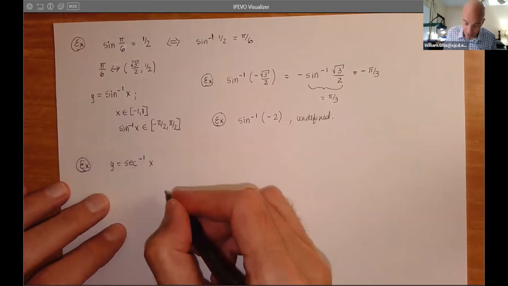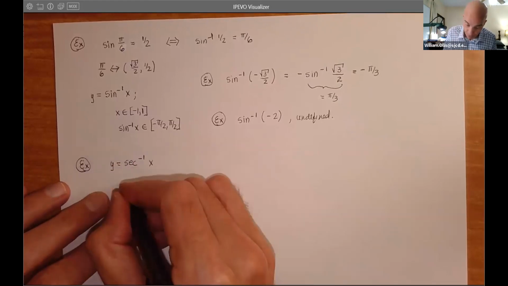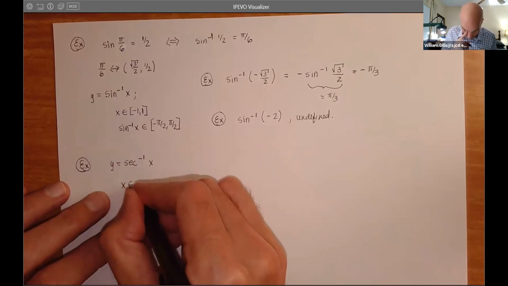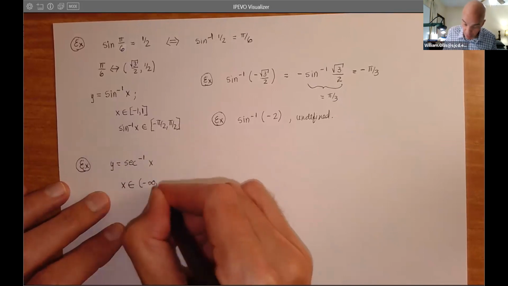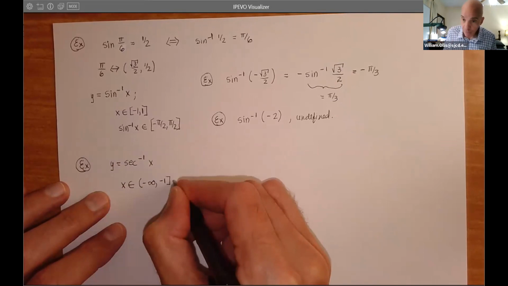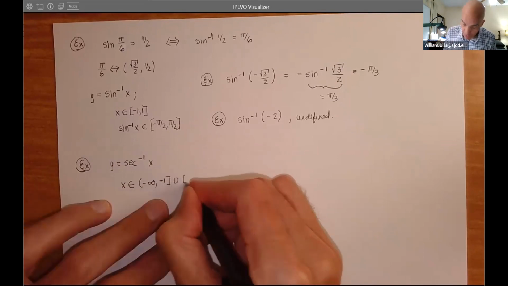Now remember, this had an unusual definition. In this particular case, x is between negative infinity and -1, union 1 to infinity.